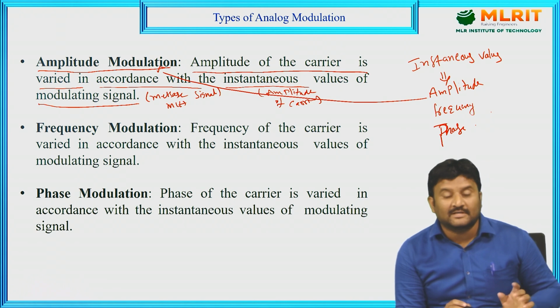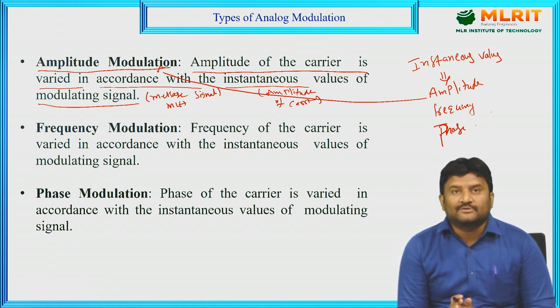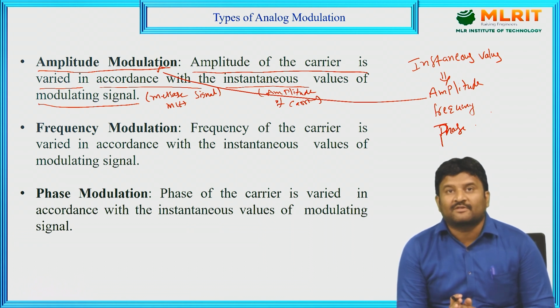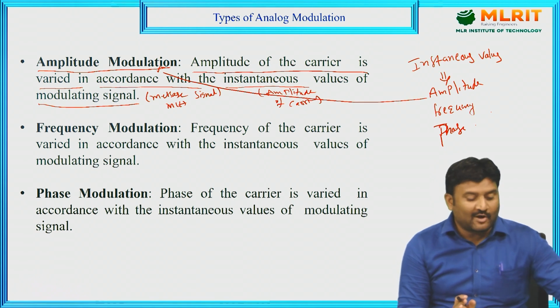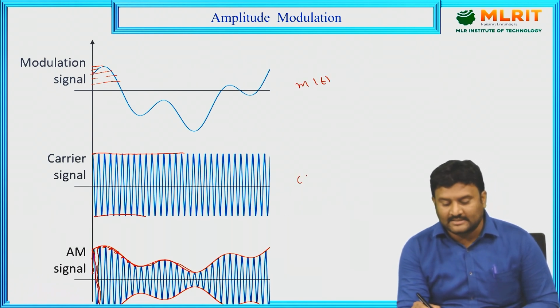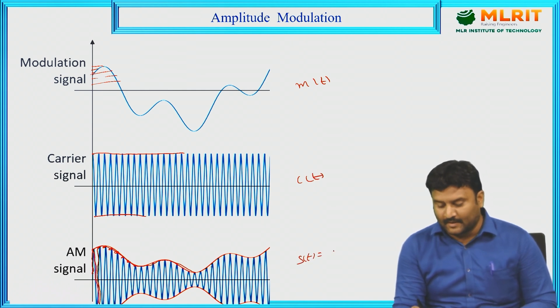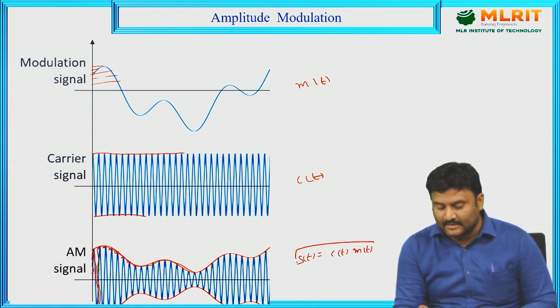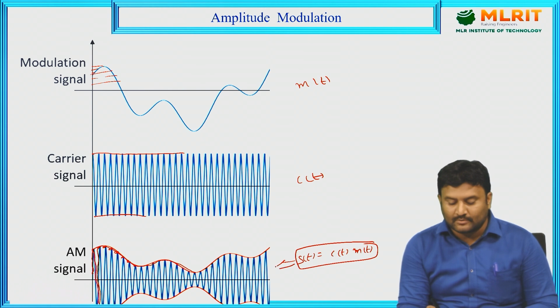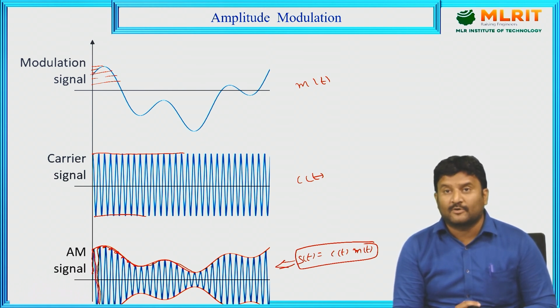Observe the previous definition: the amplitude of the carrier is varied in accordance with the instantaneous values of the modulating signal. The following diagram shows the message signal m(t), the carrier signal c(t), and s(t), where the carrier amplitude is varying with respect to the message signal. This is nothing but amplitude modulation, under the continuous wave modulation technique.